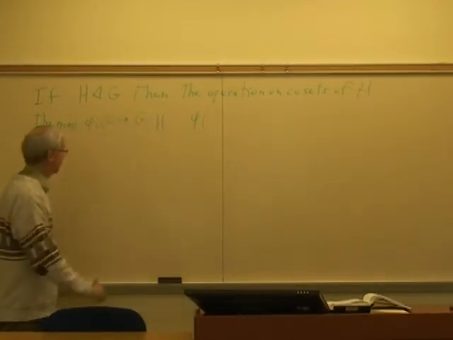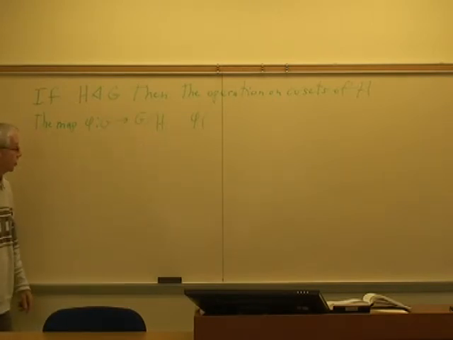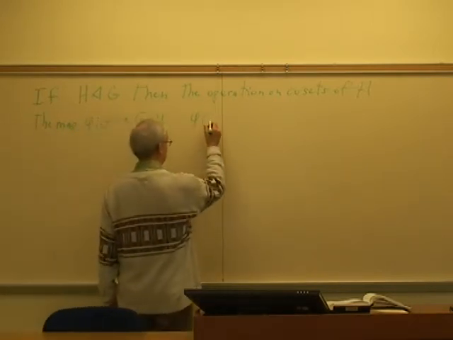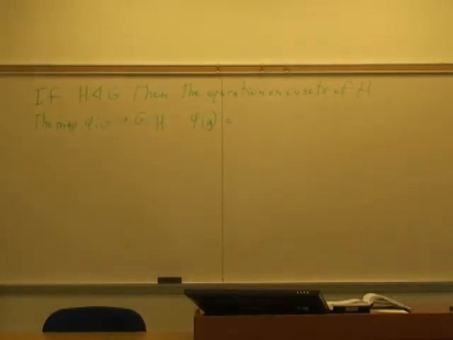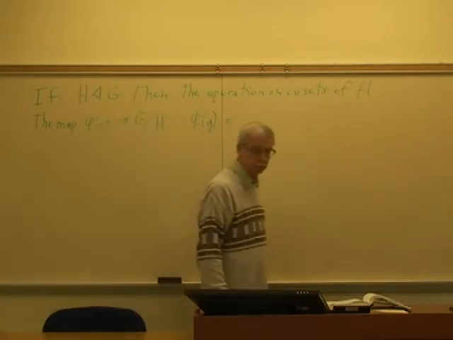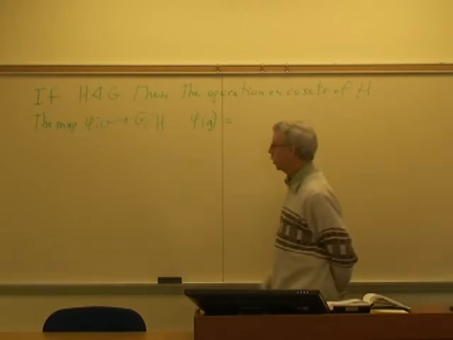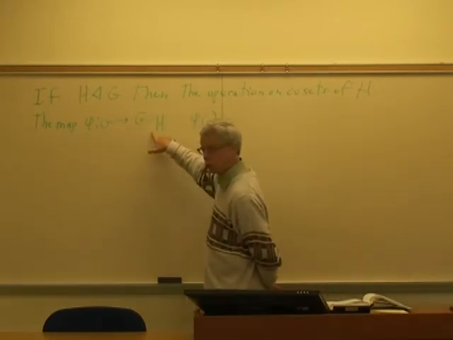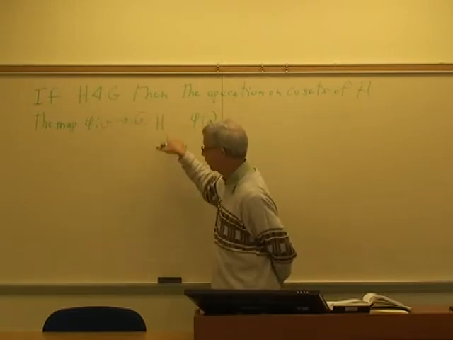I want to send every element of G to an element of this thing, so what would be the logical place to send little g to guarantee I get an element in here?